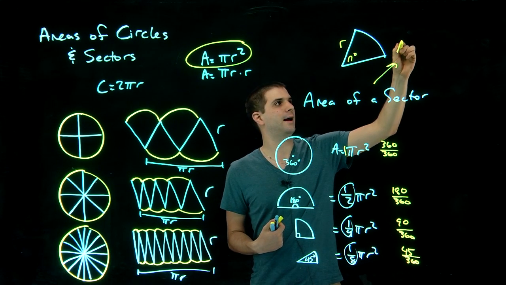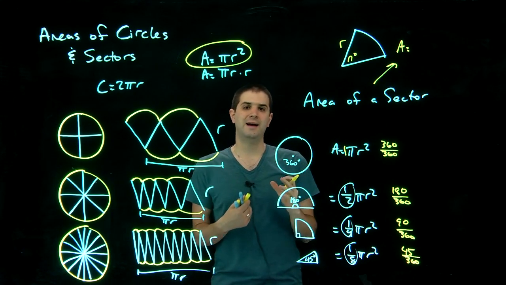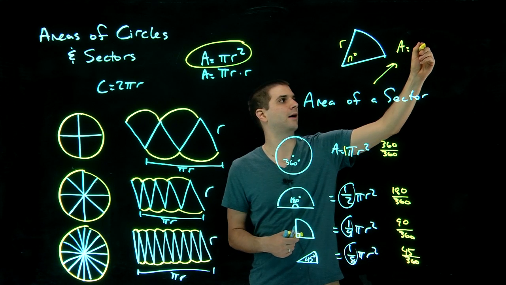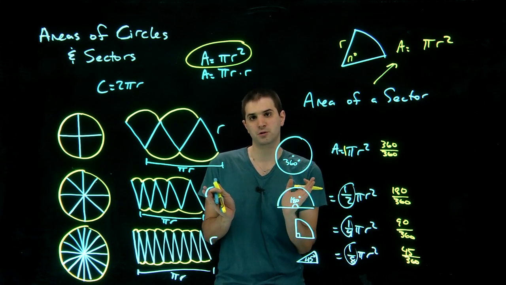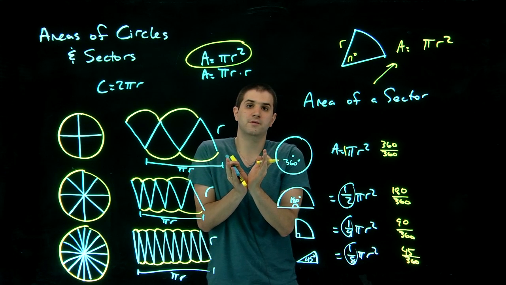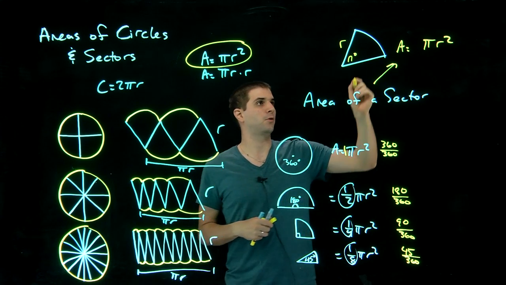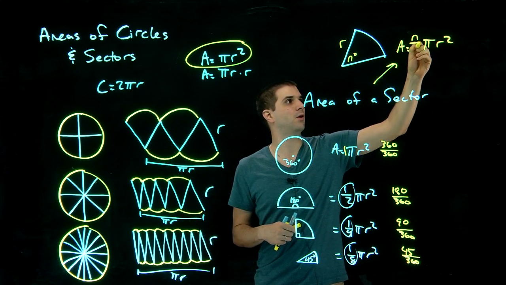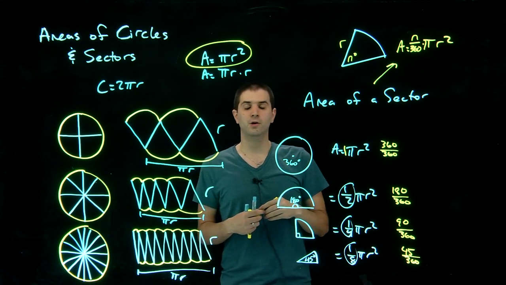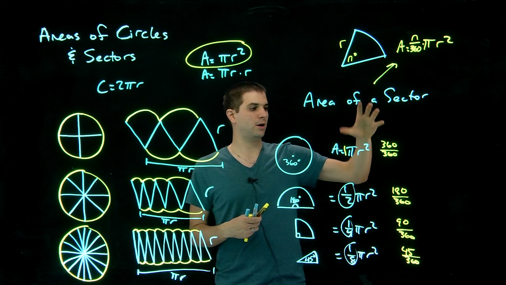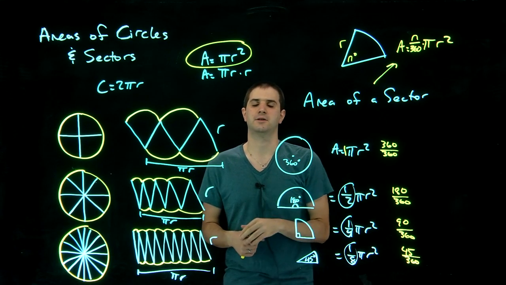The area equals, you're going to find the area of the whole circle, so pi r squared. And then you're going to multiply that by the percentage or the portion of the circle that you're looking at. So that would just be n over 360. So n over 360 times pi r squared is how we're going to find the area of a sector.